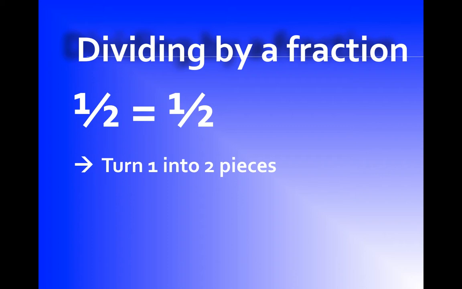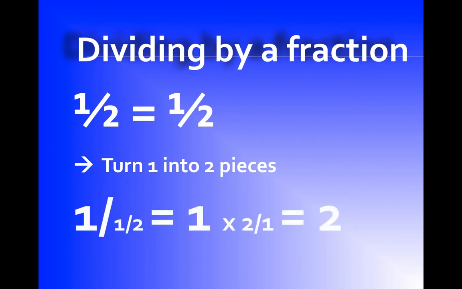Let's rephrase some things. So when we see 1 divided by 2, let's translate that into having to turn 1 into 2 pieces. So in other words, if I gave you 1 of anything and I said divided by 2, all I'm saying is turn that one thing into 2 pieces.